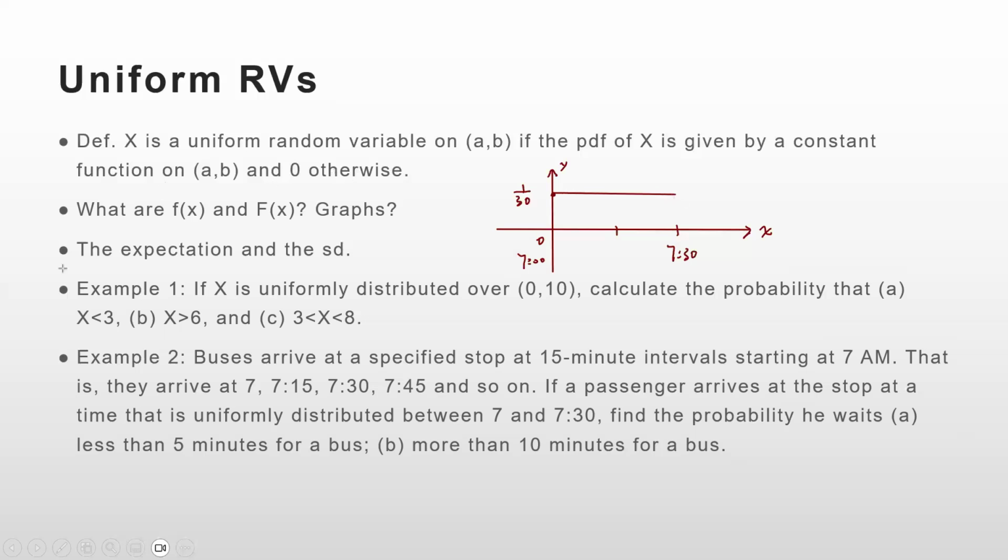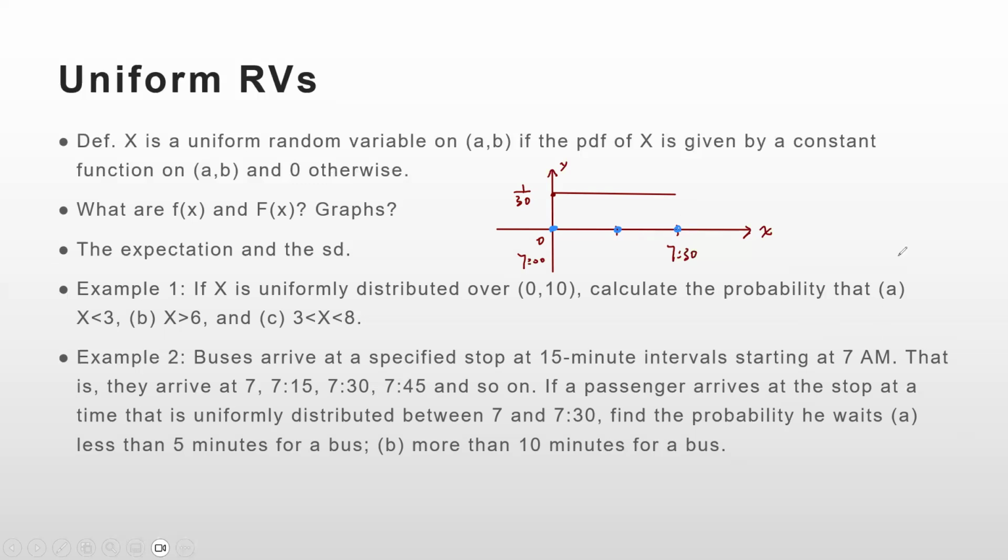Now, the bus comes at this time, 7 o'clock or 7:15 or 7:30. Now we need to analyze the question. Find the probability that he waits less than 5 minutes for a bus.